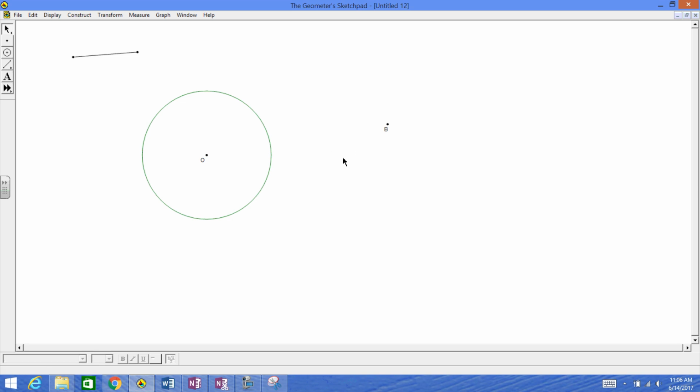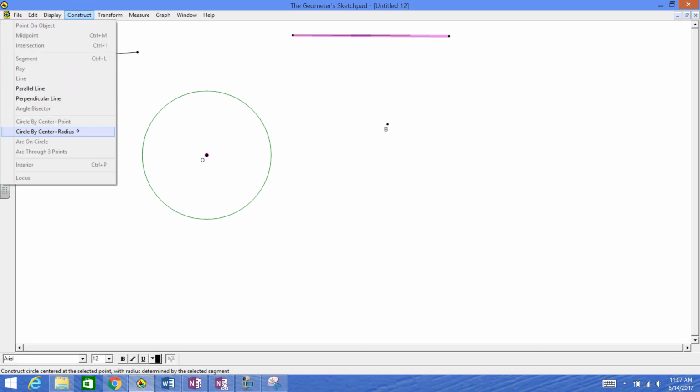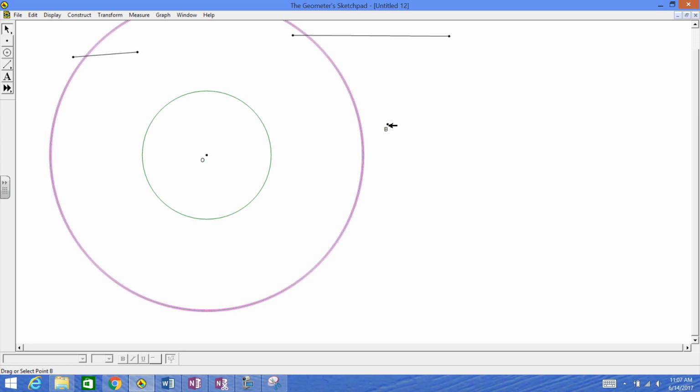Okay. What we have to do first with our construction tool is pick a radius. We're going to construct a radius here that we're going to use. Now, when we put our compass tool here and use the radius we choose, we're going to use the same radius here.